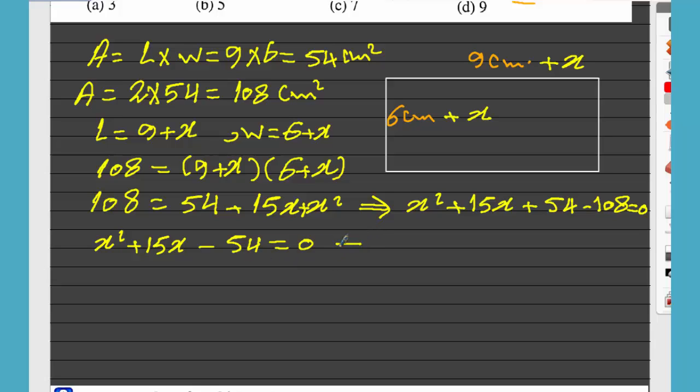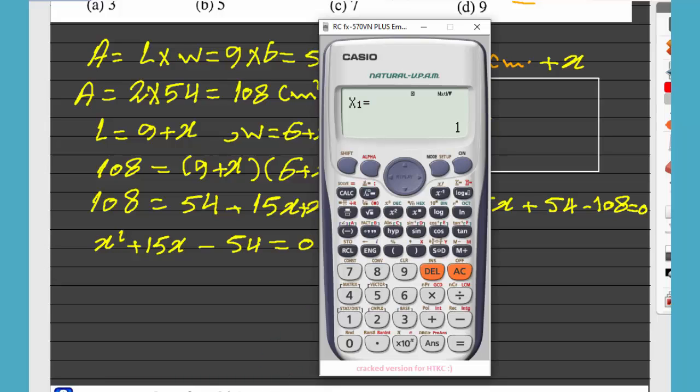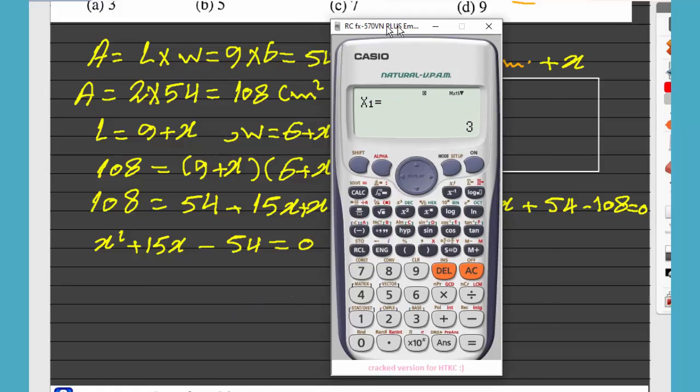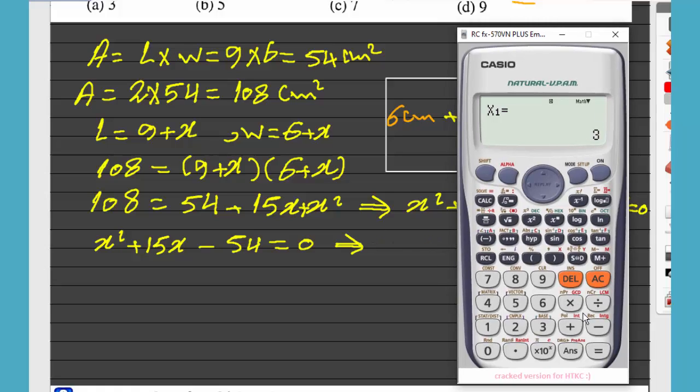And let us factorize it. You can use a calculator, you can always use a calculator. Mode 5, 3. What is the coefficient of x squared? It is 1. What is the coefficient of x? It is 15. Minus 54. So x1 equals 3 and x2 equals negative 18.